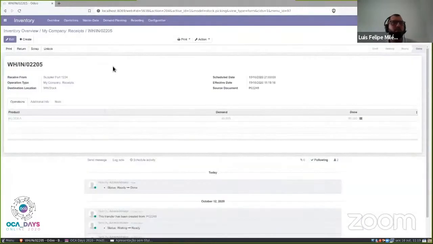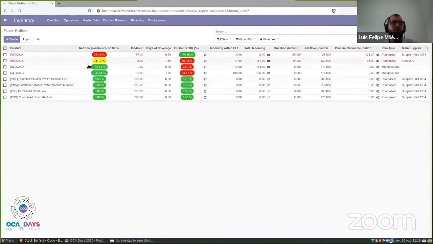It's a cron, and if we come back here, we're going to see that the on hand of this project has increased, and you see that you have a lot of this project in hand, and you can do your daily operations.